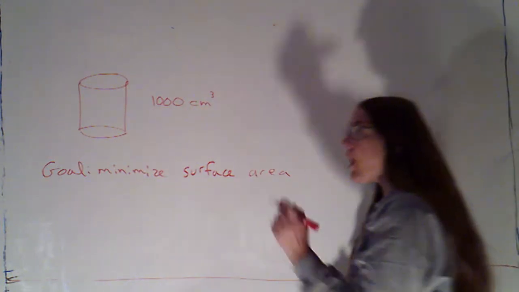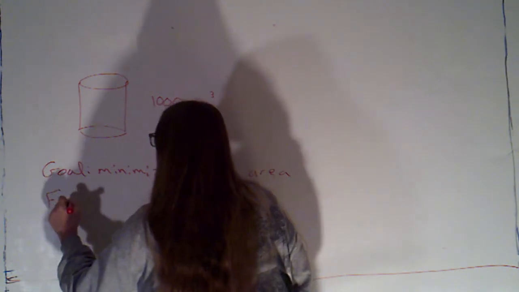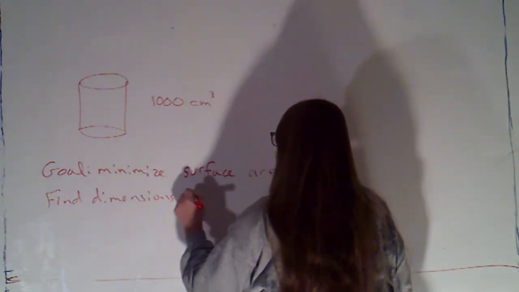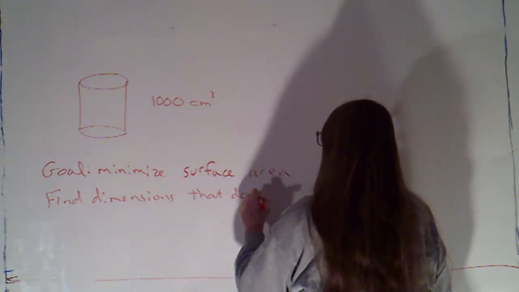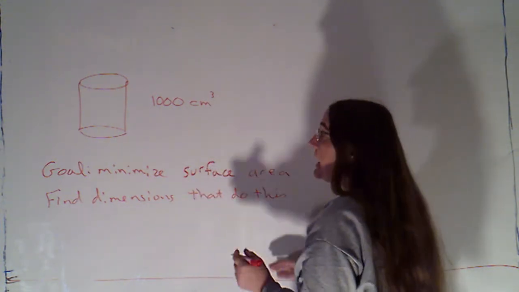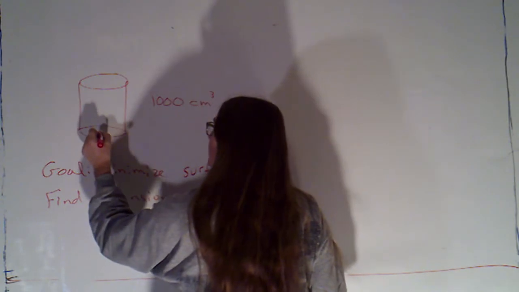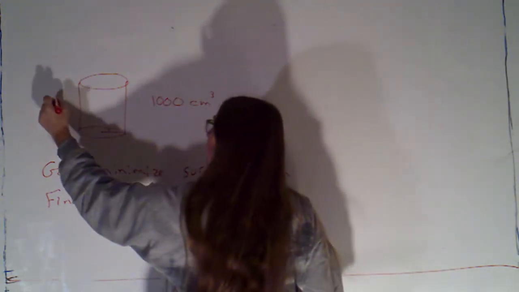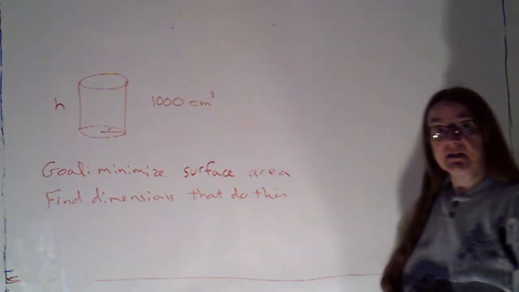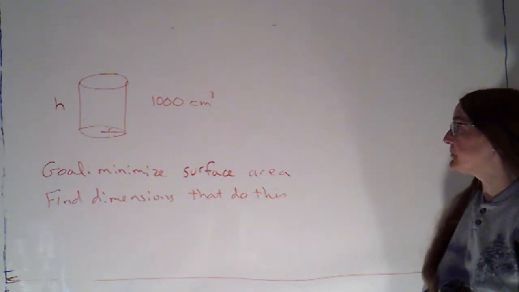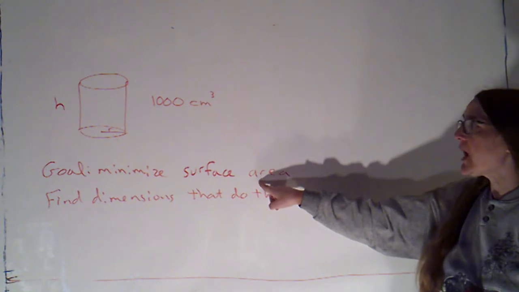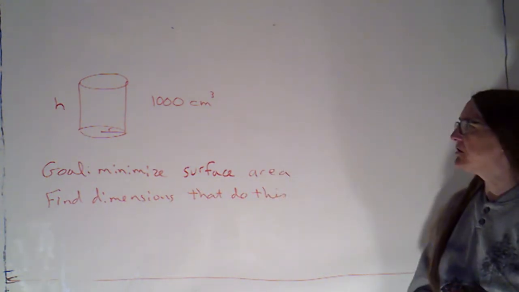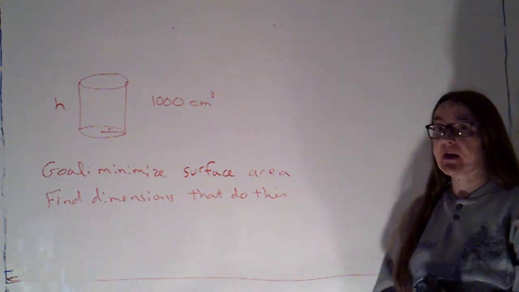Okay. So our task is to find the dimensions that do this. Of course, if this is a cylinder, the dimensions are going to be just the radius of the base and the height of the cylinder. So this is my goal. Before I even get an equation for that, I'm going to ask what my constraint is.